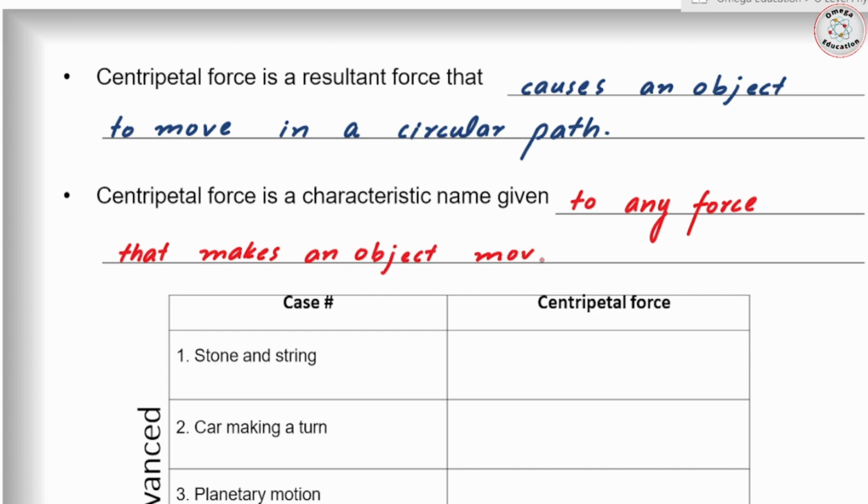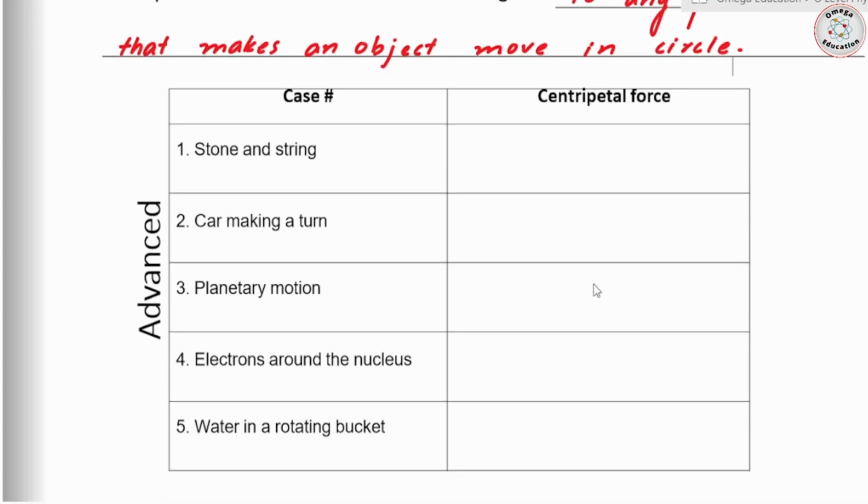The same thing. So it can be any force. For example, when you are rotating a stone which is attached to a string, the force that is keeping the stone moving in a circular path is the tension in the string.